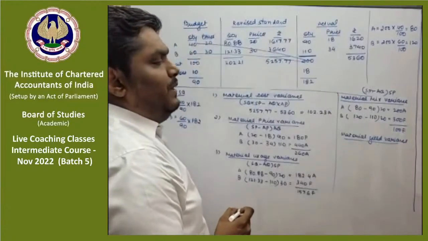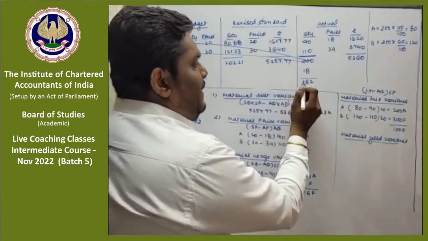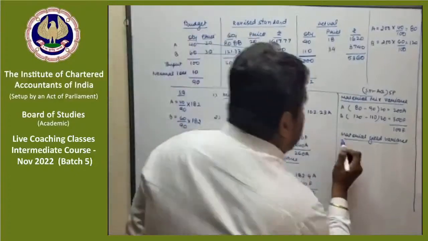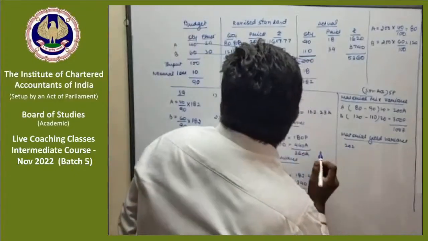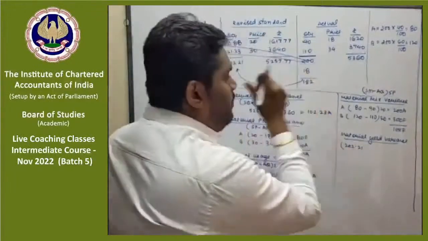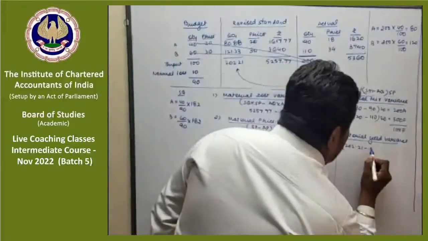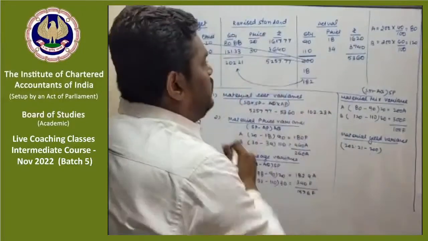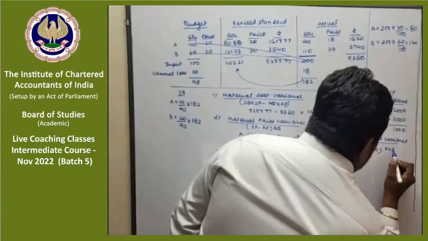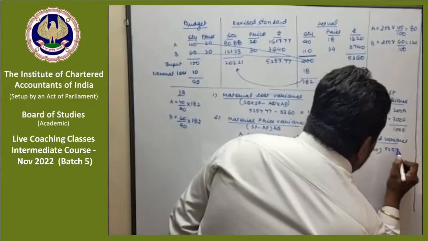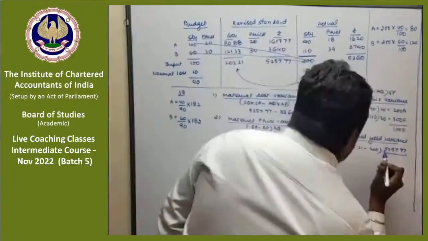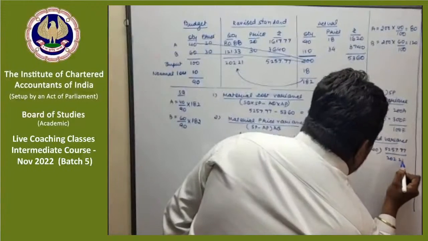When talking about material yield variance, for manufacturing 182 output, how much input should be used? 202.21. How much did we actually use? 200 only. Into weighted average price, that is 5257.77 divided by 202.21.